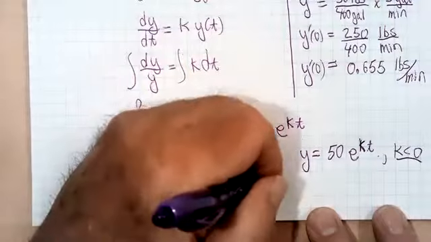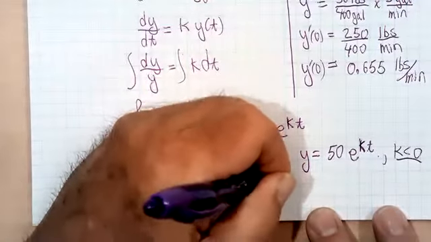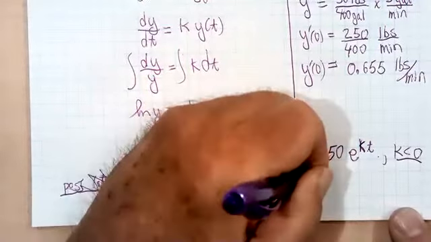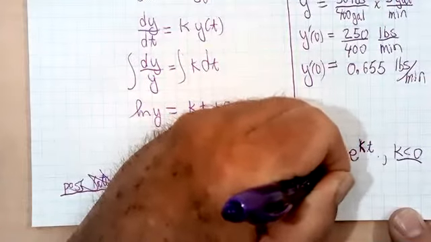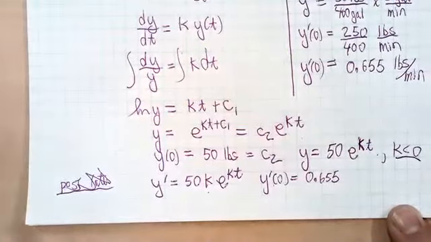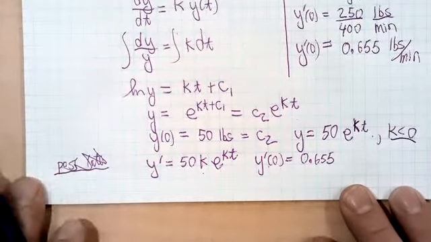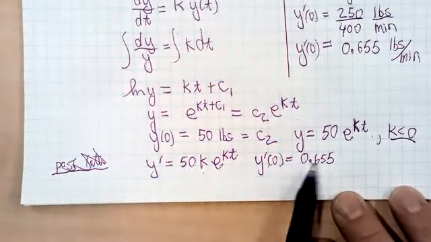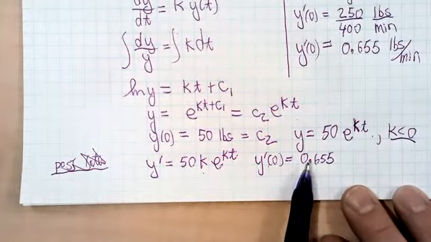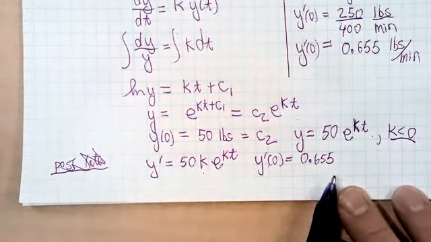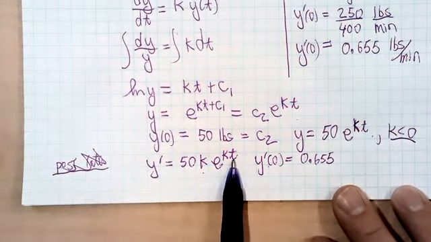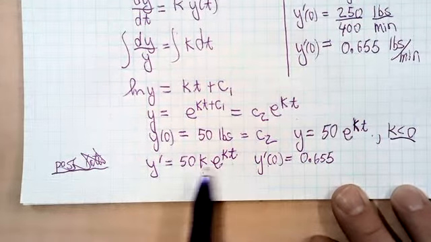And then y prime at 0 is known. It's 0.655. Everything is going to be weight in pounds, time in minutes, and volume in gallons. So under those conditions, 0.655 is equal to, and if you plug in 0 for t here, you get 50k.